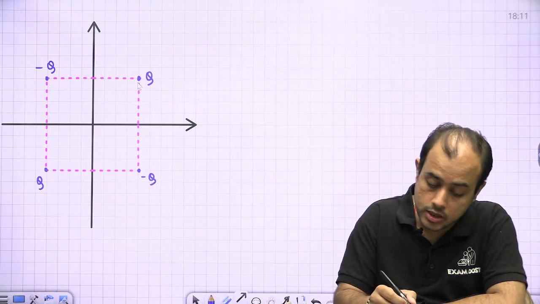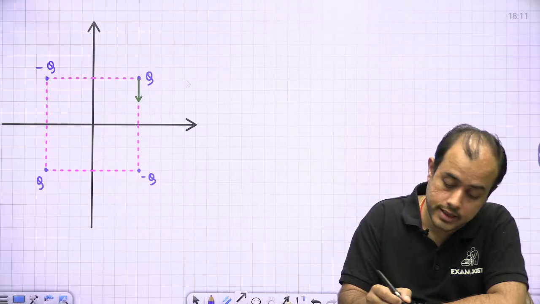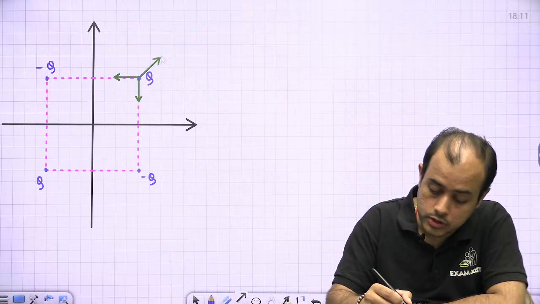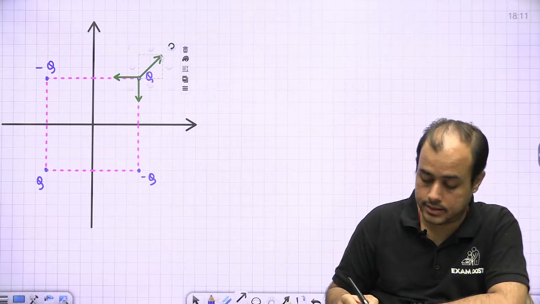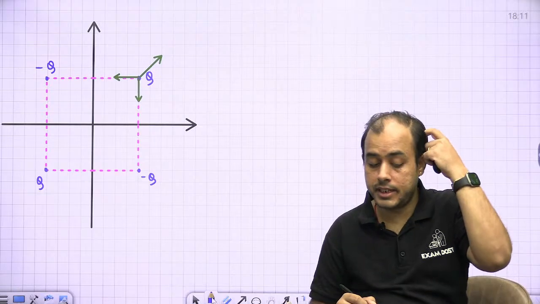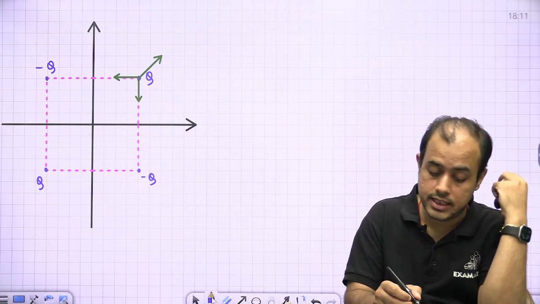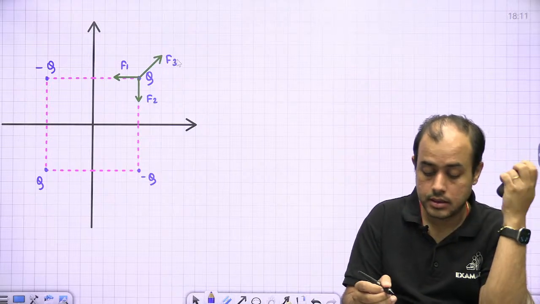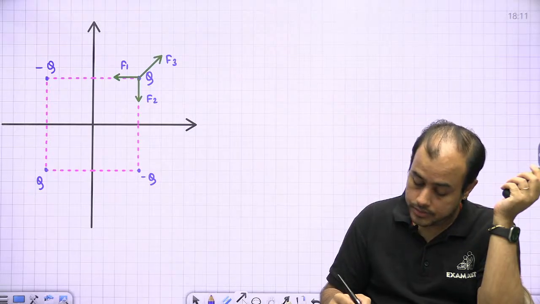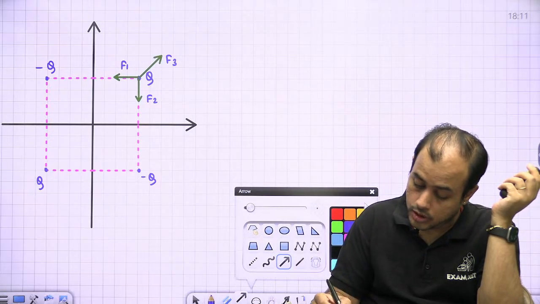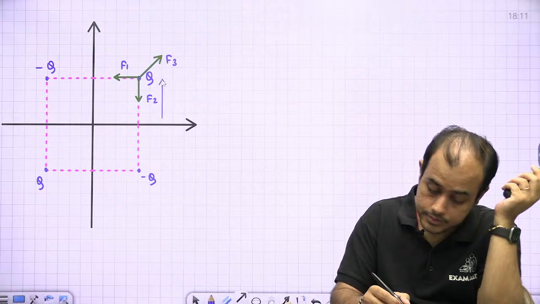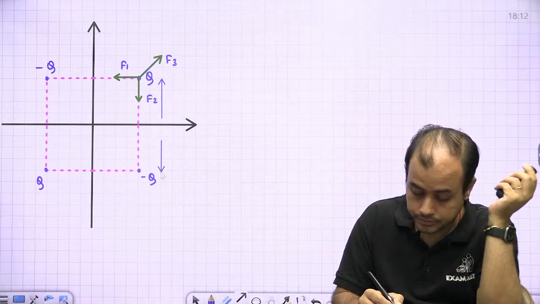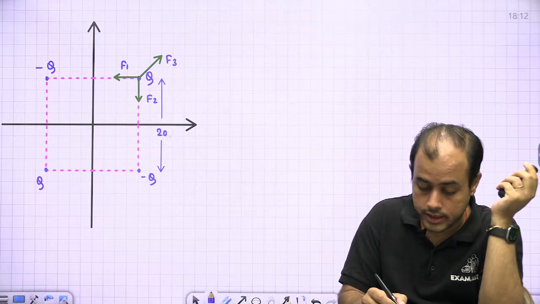Now between plus Q and minus Q, the force is always attractive. And between plus Q and plus Q, the force will be repulsive. Like this. So there are 3 forces, beta. Now I will name these forces as F1, F2, F3. Now, what is this distance? It is 2D.